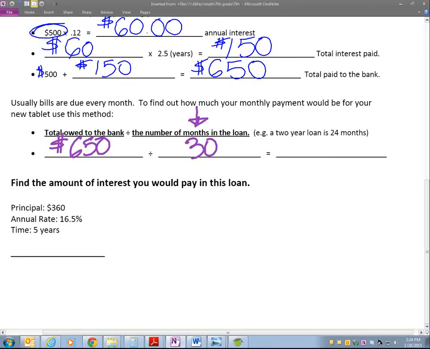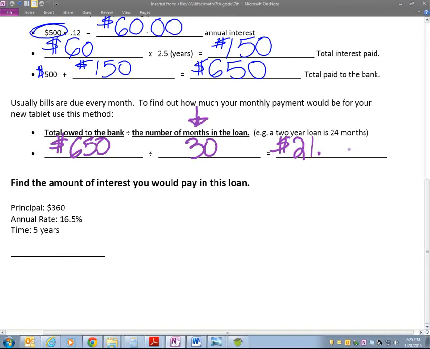Did anybody do that calculation yet? What'd you get? 21.7? I'm going to disagree with you. That's not the way that money works in the U.S. Look where that decimal is.